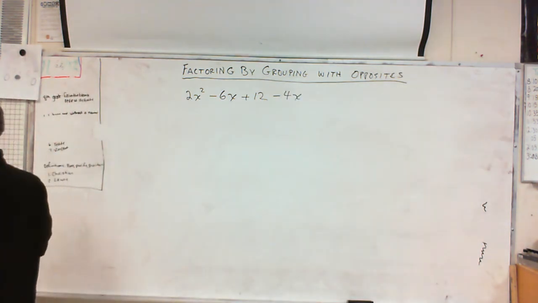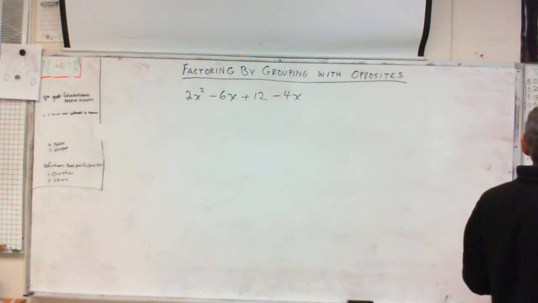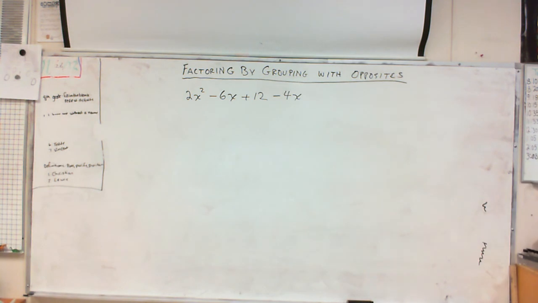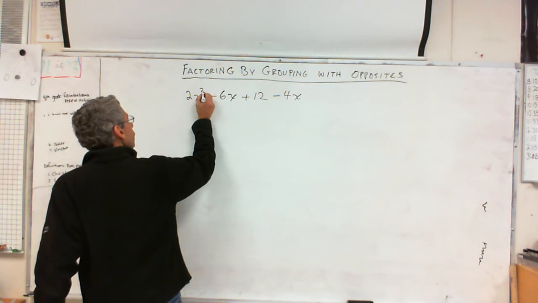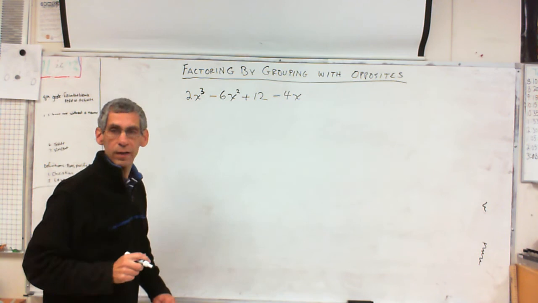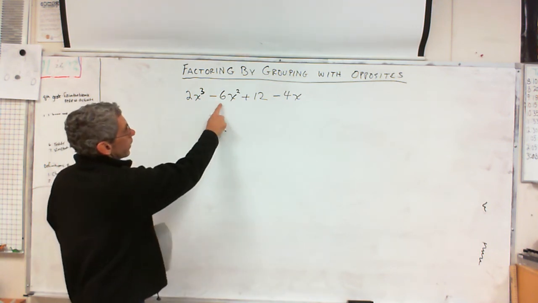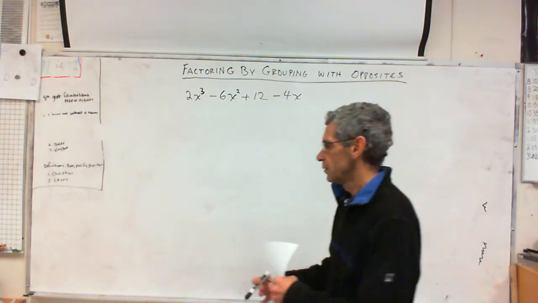We're not going to combine like terms in this case. Maybe, you know what, let's just change one thing. Let's make this x cubed so that there's not an x squared. So I changed that. So it's 2x cubed minus 6x squared plus 12 minus 4x.